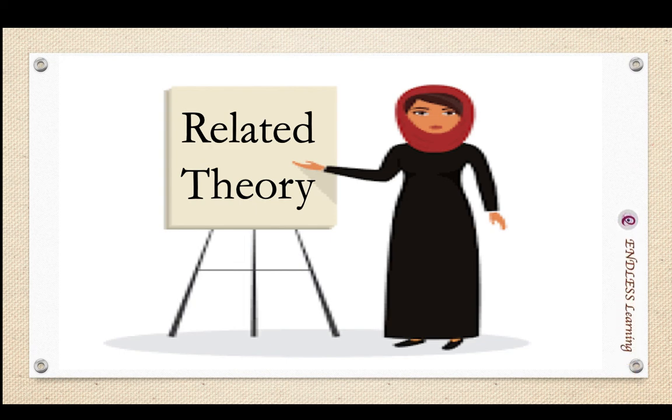We have so many theories in the field of education related to learning. There are learning theories, motivational theories, personality theories, and intelligence theories. A researcher may undertake research which is based upon some theory.